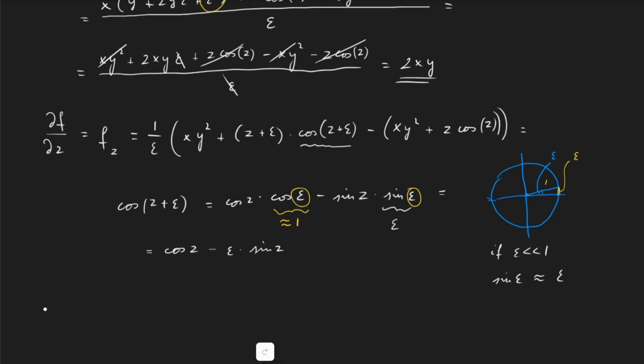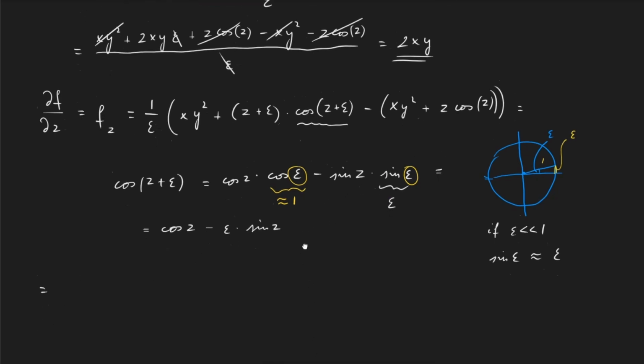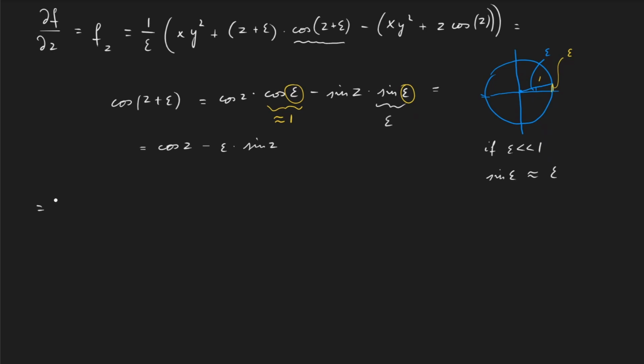So let's continue our calculation here. We have 1 over epsilon times xy squared, and we will do the multiplication, writing cosine of z plus epsilon as cosine of z minus epsilon times sine of z. So we will have a plus z times cosine z minus epsilon z times sine of z.